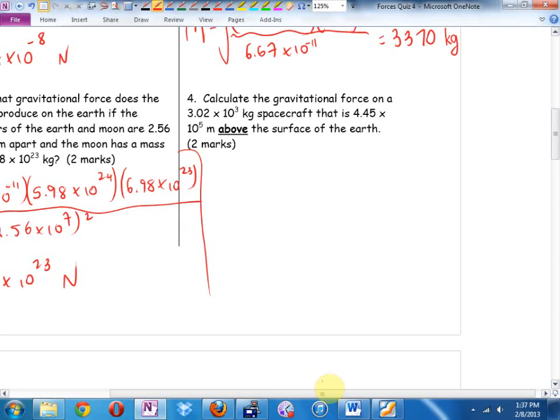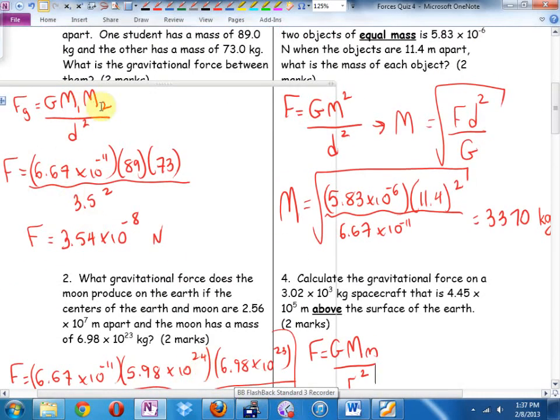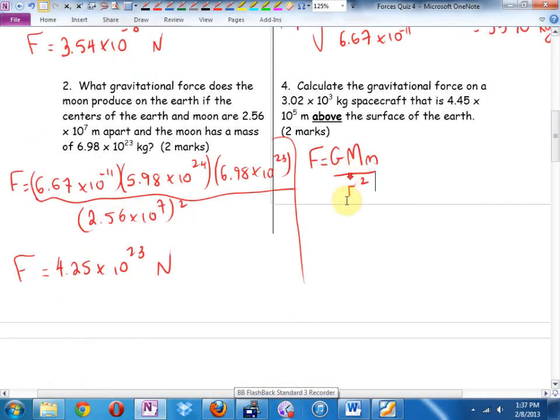Calculate the gravitational force. Now that's the same equation as this one with the m1, m2, d squared. In physics 12, when we start looking at planets, we get into the habit of letting capital M be the planet, little m the satellite or the moon or the spacecraft, and because it's orbiting in a circle, we use r for radius instead of d for distance.